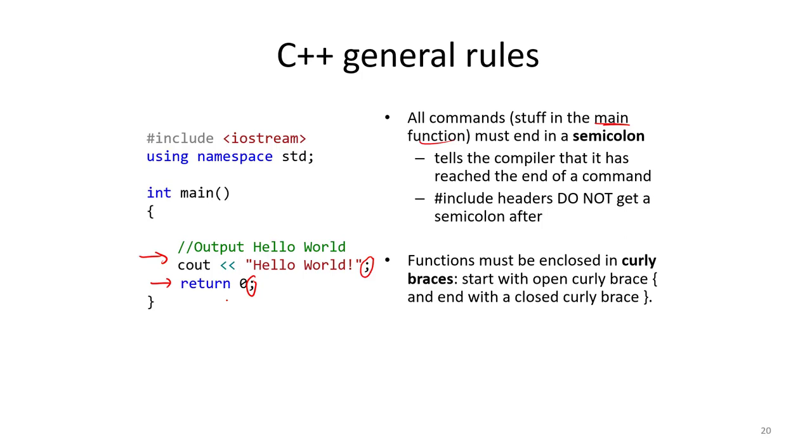The semicolon tells the compiler that it has reached the end of a command or statement. So you have to have that in there. The compiler needs it in order for the program to properly be compiled. Also notice that the include header does not get a semicolon. So that one is another exception.